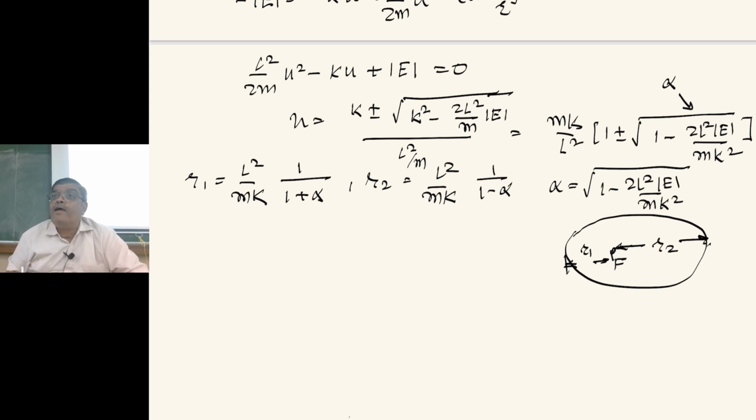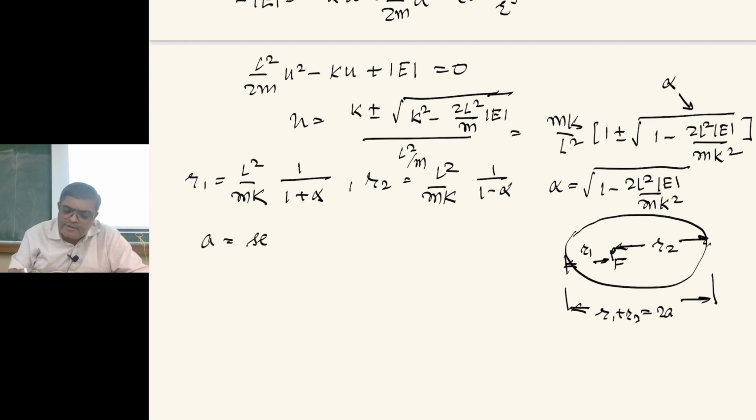Both are finite quantities. And if I look at this entire distance over here, which is R1 plus R2, that is called twice A, where A is called the semi-major axis. Is that okay? So let us then try to find what is twice A.